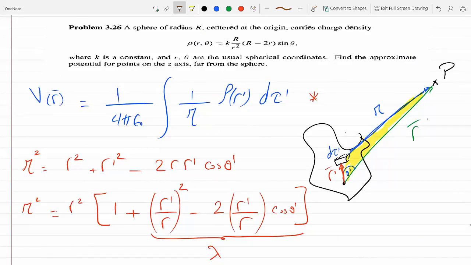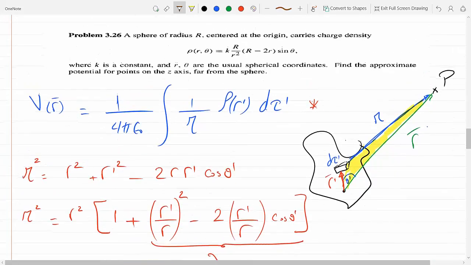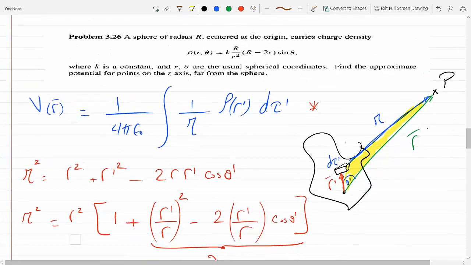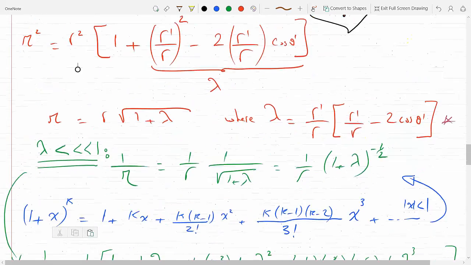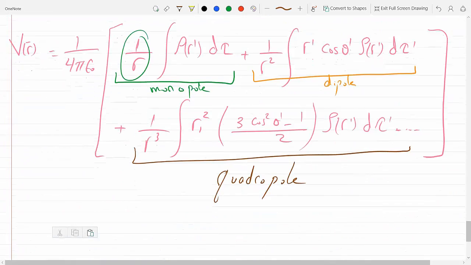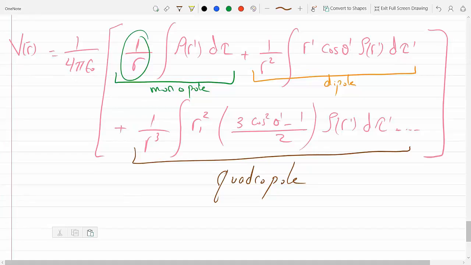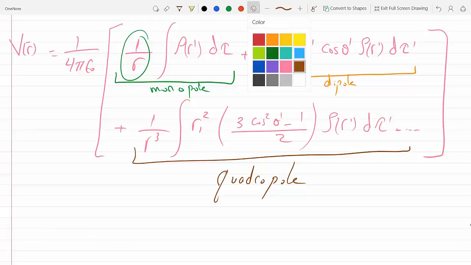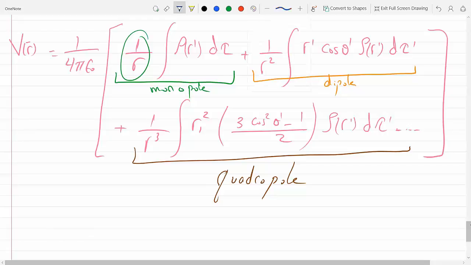Let's look at the monopole term for this question. I showed you at the very end what the monopole term is. Did it say that the net charge was 0? No, it didn't. It's very general. So if I apply this to our question, what's our monopole term?